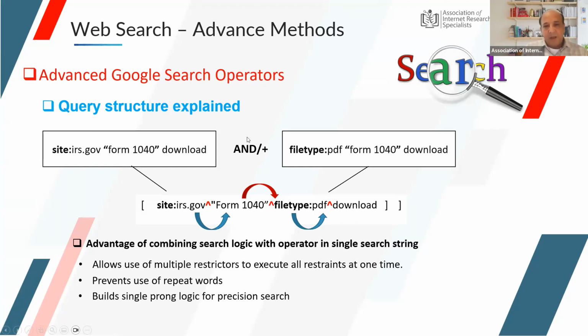The idea in this slide is showing that these two queries can work independently, but since you want more restrictors added to the site or to the file type, we can merge these two independent queries together and create one single search with irs.gov followed by form 1040, followed by file type PDF, and the word download included. So this is a merger of these two to make it work in a single stroke, in one go.